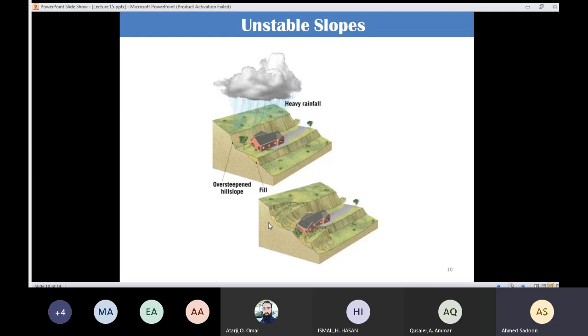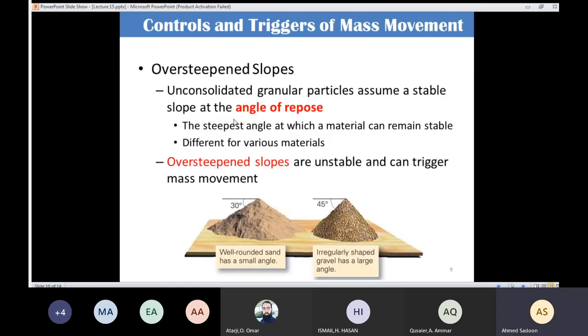As a result, we are going to see mass movement. But if that angle was not overstepped, we have a chance of not getting mass movement. So oversteepened slopes are unstable and can trigger mass movement.